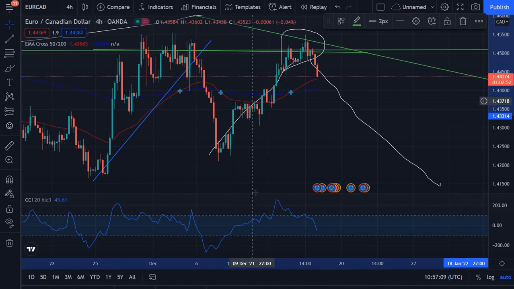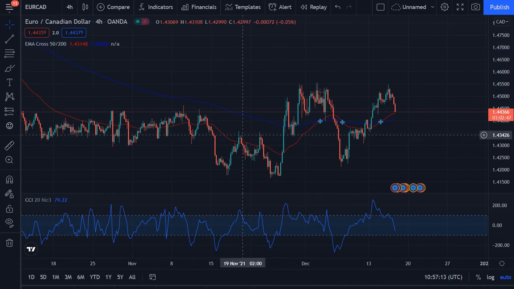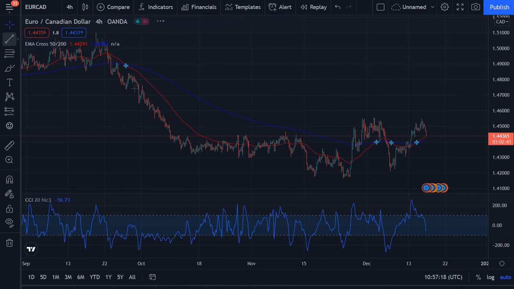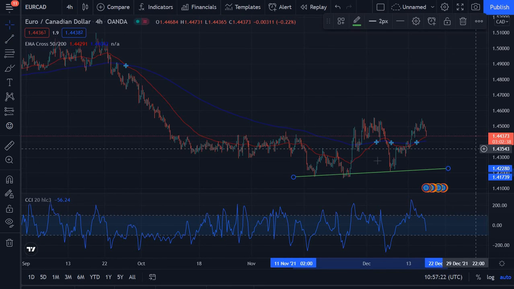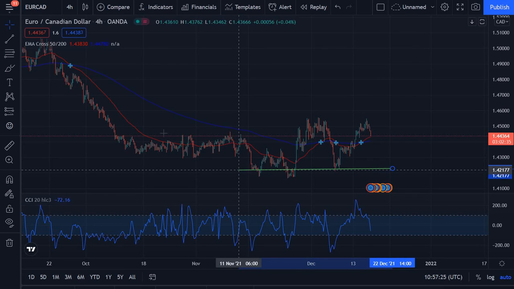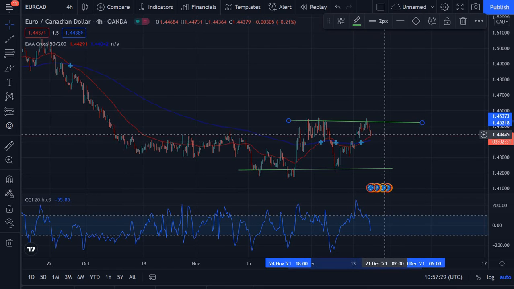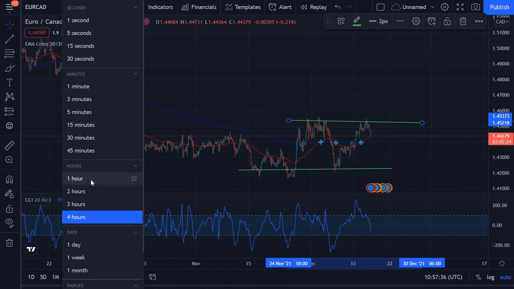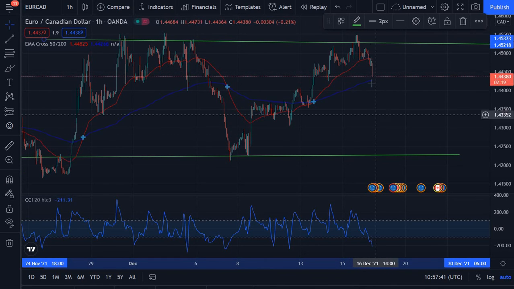Taking a look at the weekly, here is this double top again. For now we are consolidating here a bit, but it looks like we will head lower. So here on the 1 hour chart, we are pretty bearish at the moment.